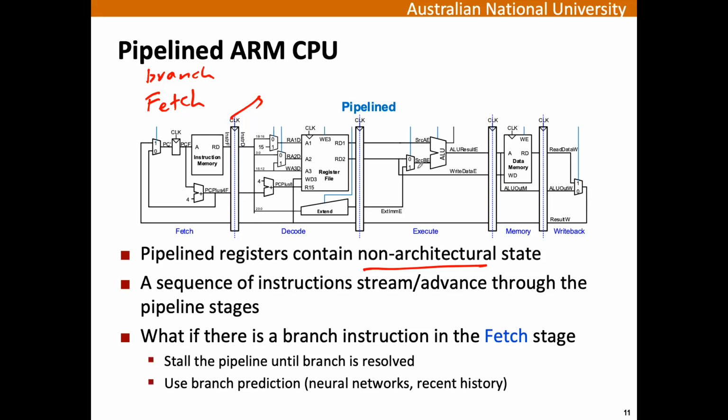So what they have here is something called branch prediction, to predict the outcome of the branch and where the CPU should execute the instructions. They use neural networks or recent history for that particular branch to predict the outcome, so they can keep doing useful work. And if they're wrong, there is machinery to recover from the misprediction.